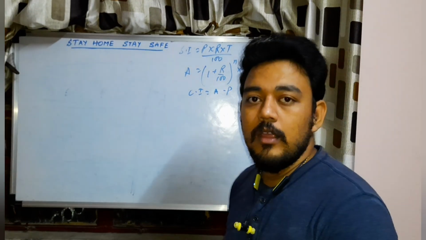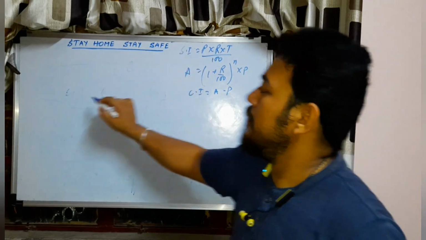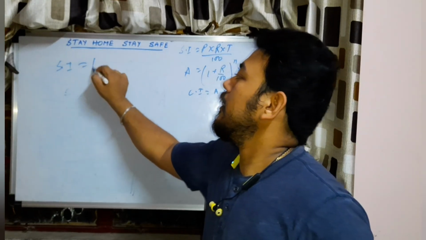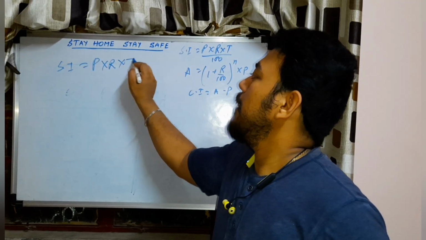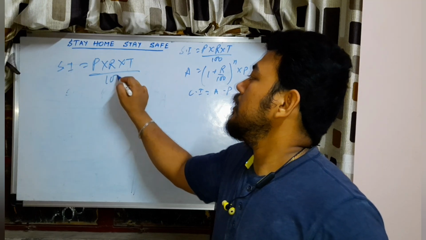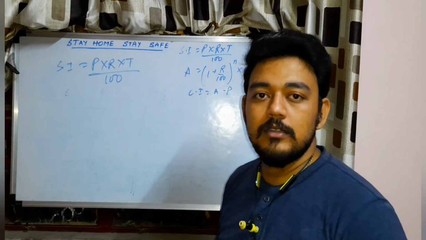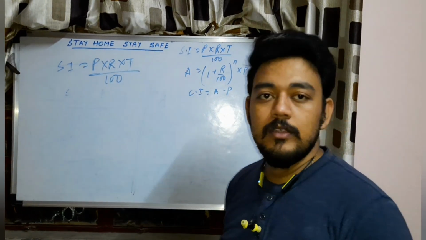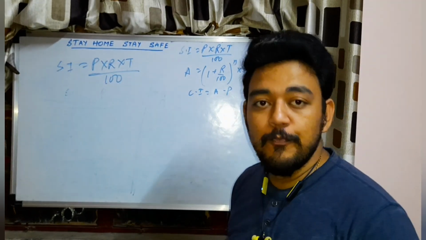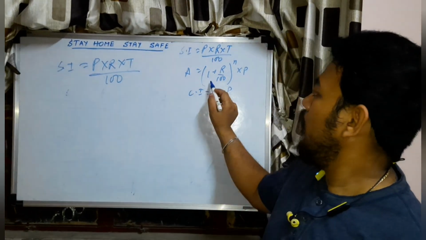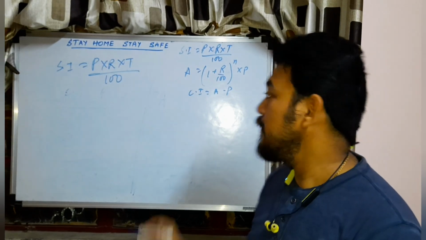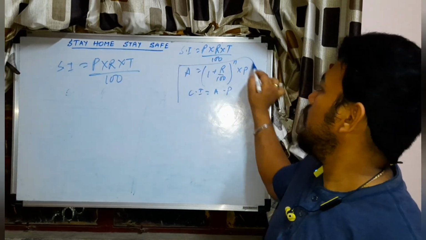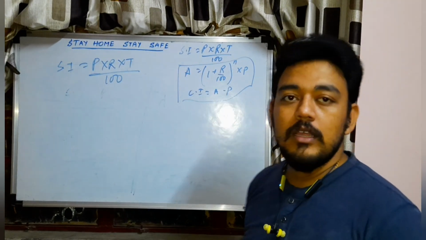Now what you see is that when I am doing SI, the bank is giving the total interest on my principal in total time. So I can use this formula easily over here. If I don't want to use the formula of CI, no problem.